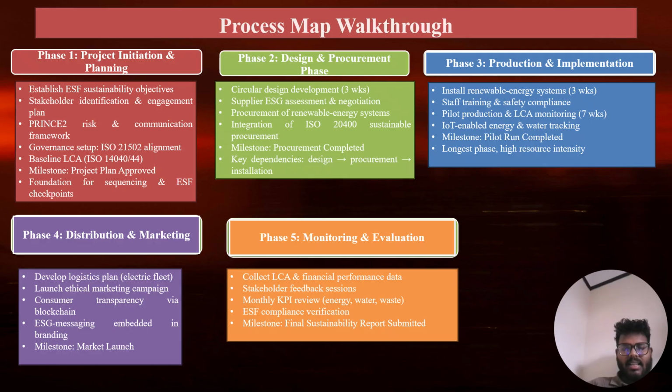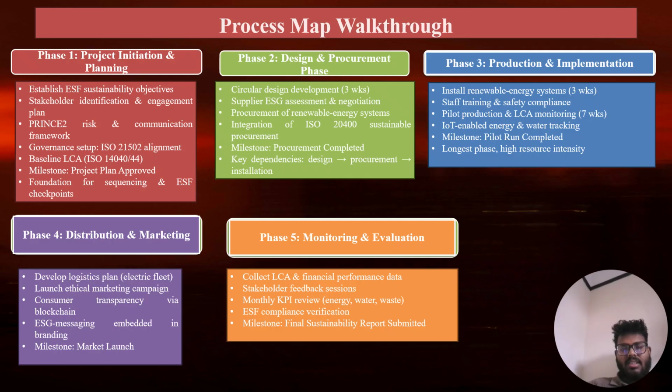Stakeholders are identified using the power interest matrix to determine influence levels and appropriate communication strategy. A PRINCE2-aligned risk and communication framework is developed to ensure clear escalation routes and controlled decision making. A baseline life cycle assessment following ISO 14040 is conducted to establish initial environmental performance.